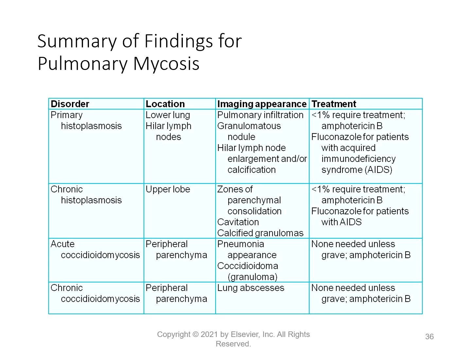If it becomes chronic, then you do still recognize it more in the peripheral parenchyma, and not only can we have that granulomatous type appearance, you can also end up with lung abscesses. If it becomes very dangerous, then it would be treated with amphotericin B.